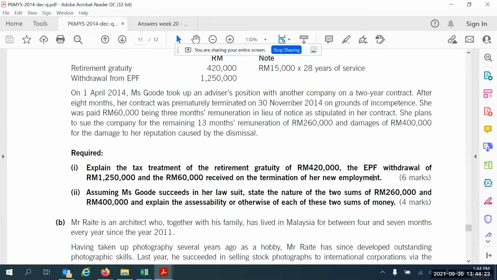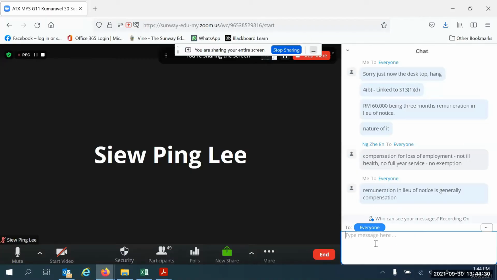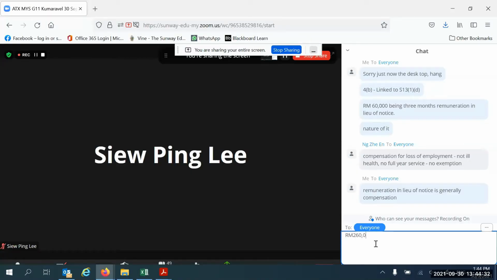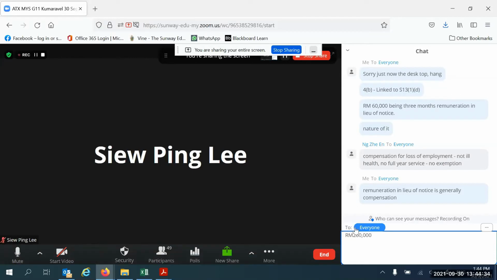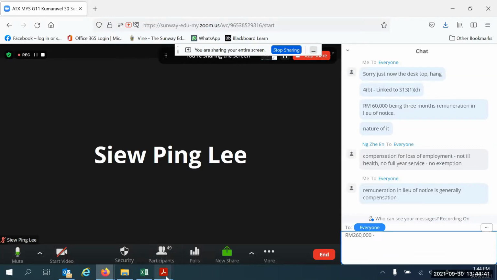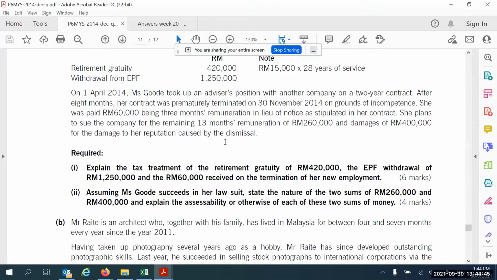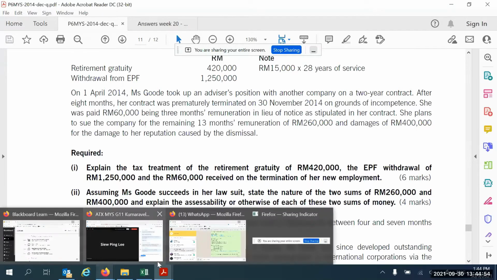Now look at the RM260,000. This one, the 13 months remuneration. Now you must start thinking because this is a bit indirect.